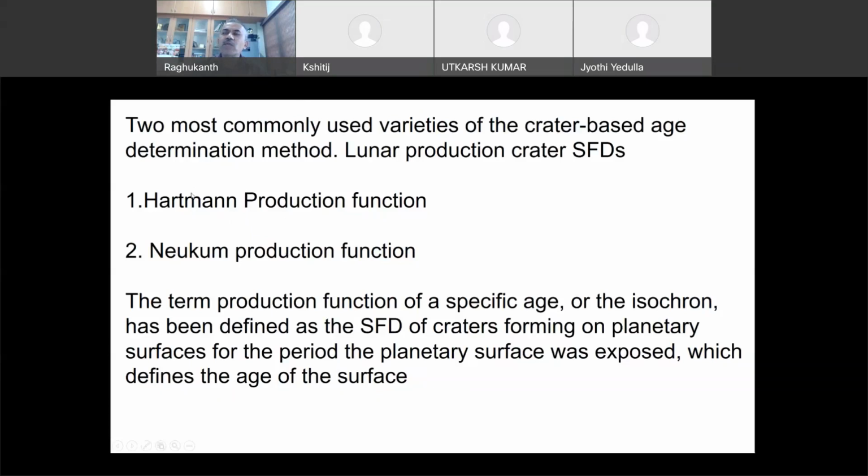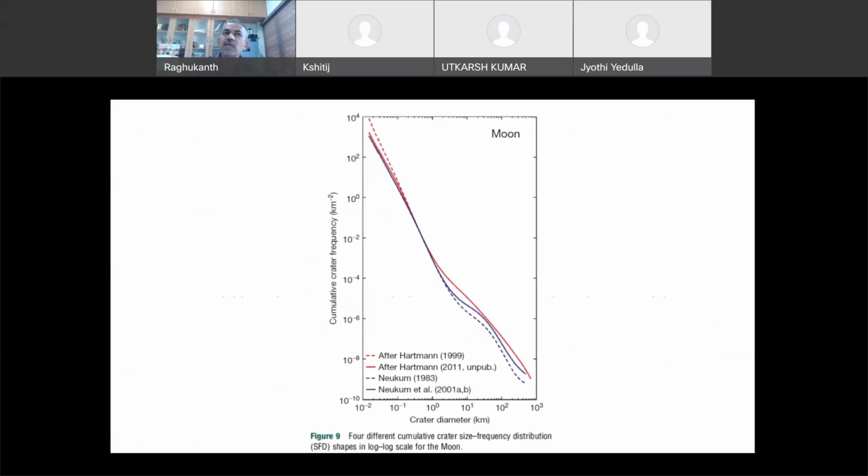The Hartmann production function is piecewise linear. Instead of fitting one straight line, you fit three straight lines, whereas the Newcomb production function is written in terms of polynomials. These are the two widely used to fit crater counting data. This is the cumulative crater frequency versus diameter. The Hartmann function is the dotted line here.